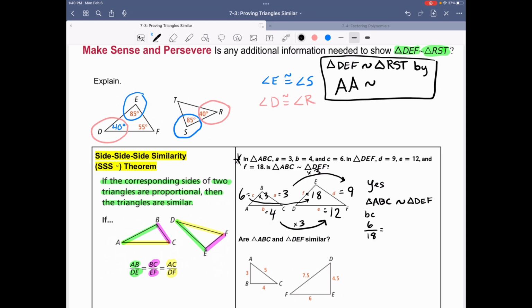And that is equal to BC, which is 4, to EF, which is 12, and AC is 6, and DF is 18. So all of these are equal to each other, and each fraction reduces to 1/3. Next problem.